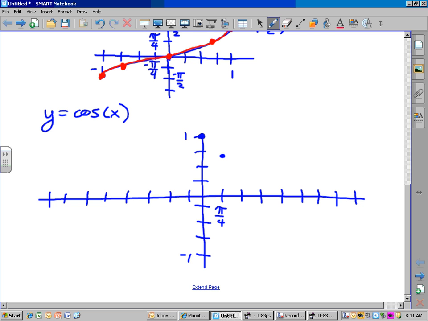Then we go 0.7, 0, negative 0.7, negative 1, negative 0.7, 0, 0.7, 1, and so forth. Remember that does continue down.